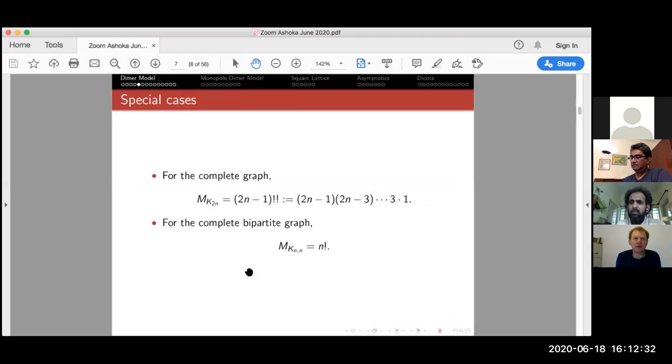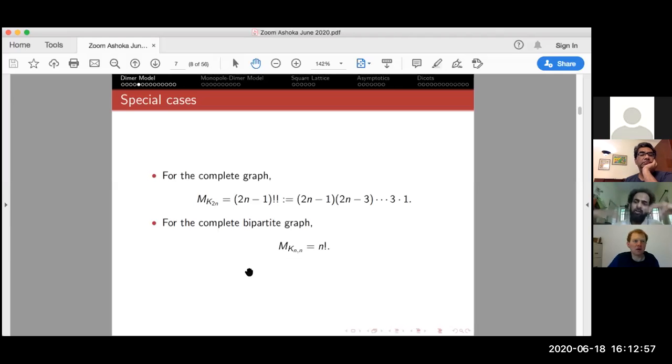For this graph, the number of perfect matchings is the double factorial of 2n minus 1. This is easy to see; you can do it recursively. Pick any vertex. It has to be matched with somebody. You can pick that somebody in 2n minus 1 ways.